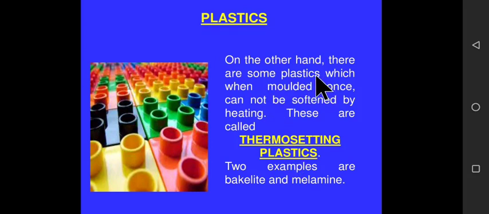On the other hand, as you can see, there are some plastics which, when molded once, cannot be softened by heating. Examples can be Bakelite or Melamine. These two are examples of thermosetting plastic.